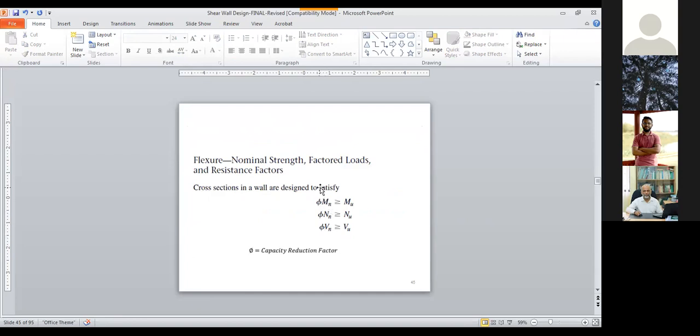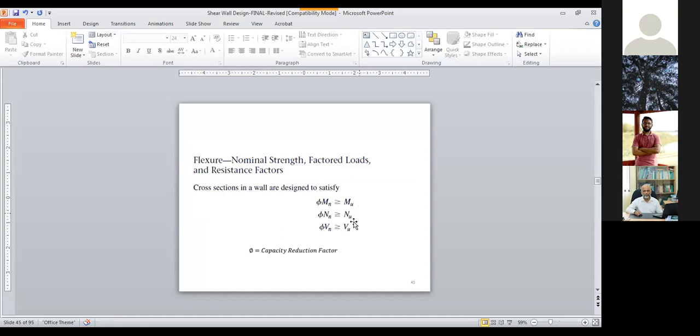And whenever we design a structure, you already know that if you calculate the nominal moment, and if you multiply it with the capacity reduction factor phi, then you get the capacity of your section, and of course it should be greater than your design moment, shear, or axial force that you get from the factored load from your analysis.